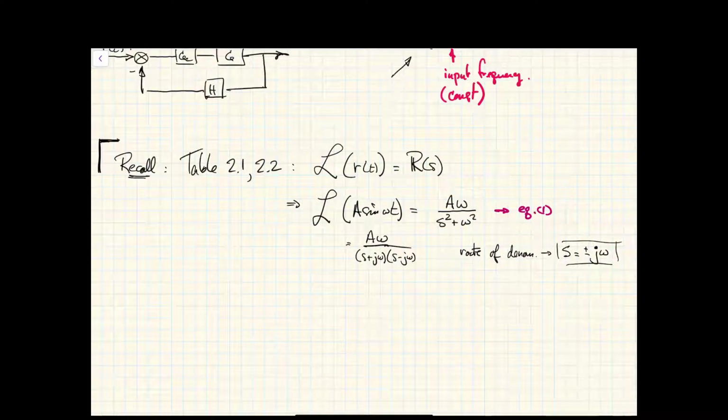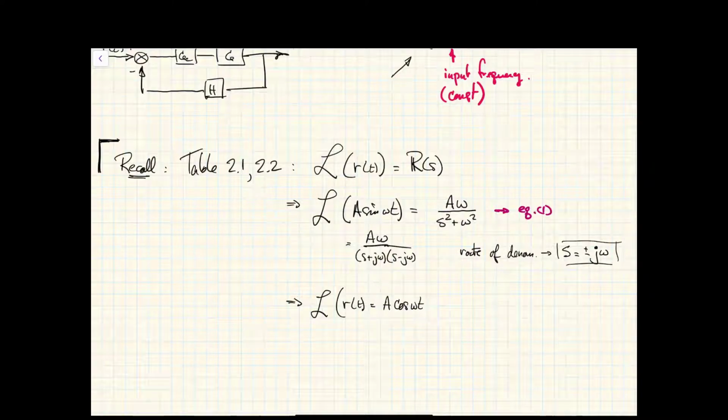Similarly, to be complete, because sometimes the input is going to look a little bit different, our value of r, the input, could be some other function, A times cos omega t, which is really the same as the sine one, it's just we're starting at a different place, right? But it's worth reviewing the Laplace transform of that as well.